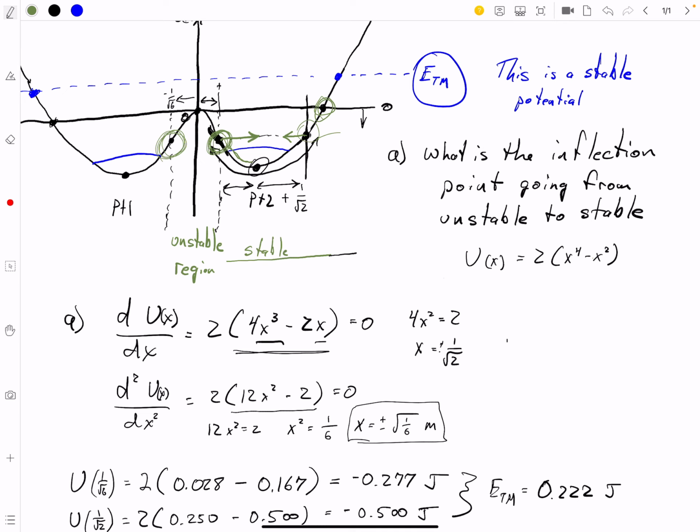Heck, we can't do 1, but we could do 8/10. We can do 1. All I really want to show you is that the force at this point is going to be pointing this direction. That's all I really want to show you. So I guess we can do that easily.